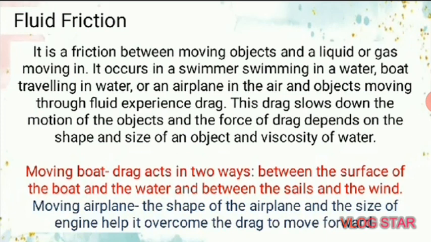So, kaya ganon yung shape ng airplane, okay? At ganon yung size ng engine para yung airplane ay makamove forward, okay? Yan ay sa air. Ganon din sa moving boat. Kaya patulis yung hugis ng boat para ito ay mag-move forward siya.